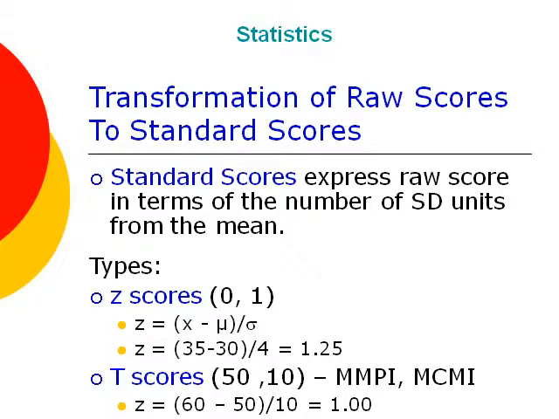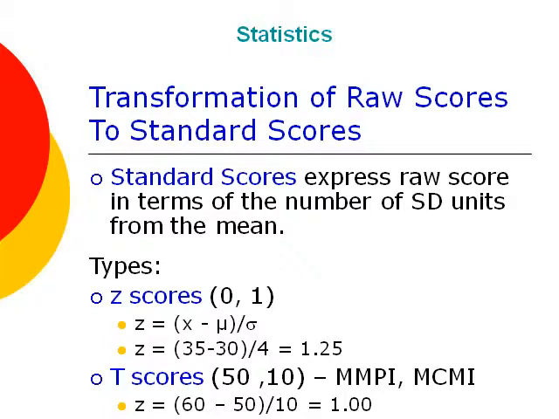In a t-score transformation, scores are changed such that the mean is 50 and the standard deviation is 10. Thus, a t-score of 60 is 1 standard deviation unit above the mean. This can be computed by using the z formula that we just used above.